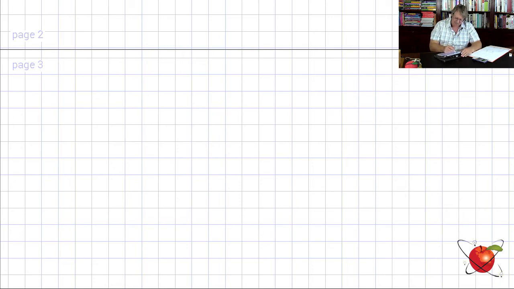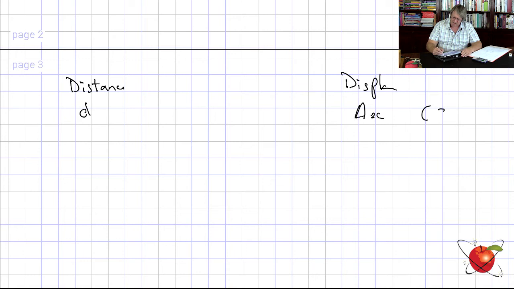First of all, distance and displacement. The symbol for that is going to be d, or delta x. For some of you doing O and A levels or uni, it's S. But don't worry about that too much at this stage. Sometimes you do see on your formula sheets formulas with S in it. That is displacement.